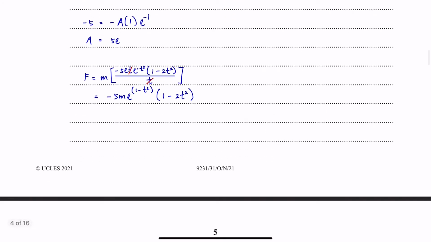And if you want to make it nicer, we can also write it as 5m times e to the power of 1 minus t squared times 2t squared minus 1. So this would be our final answer.